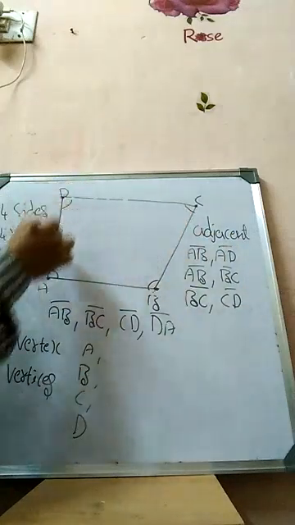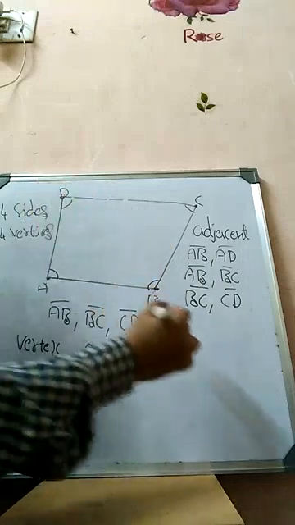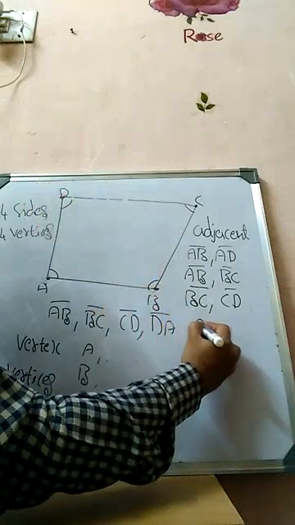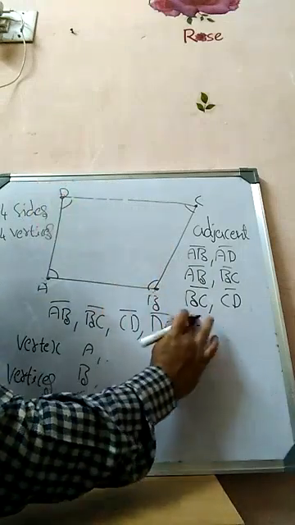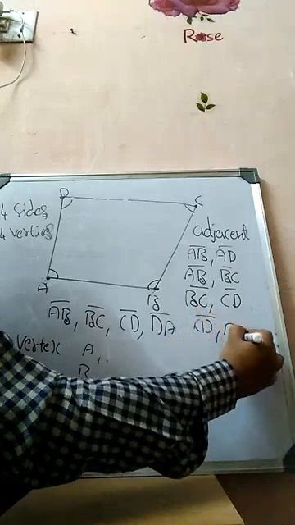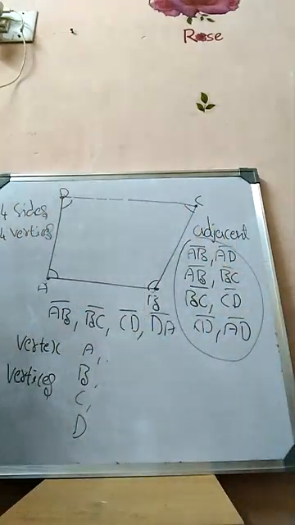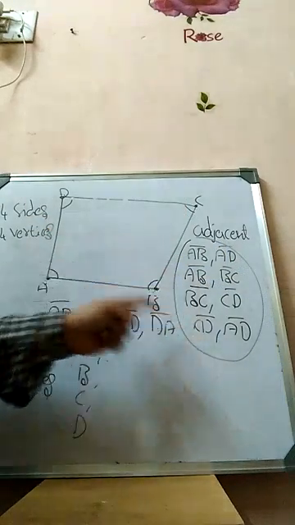These two also have a common point. That's why this is also one more pair of adjacent sides, CD and AD. So totally 4 pairs of adjacent sides are there in a quadrilateral. Those are all written here.